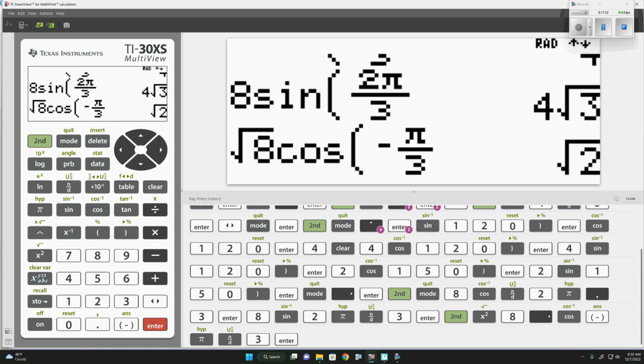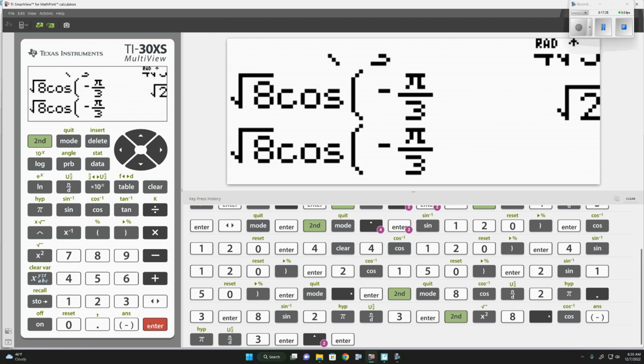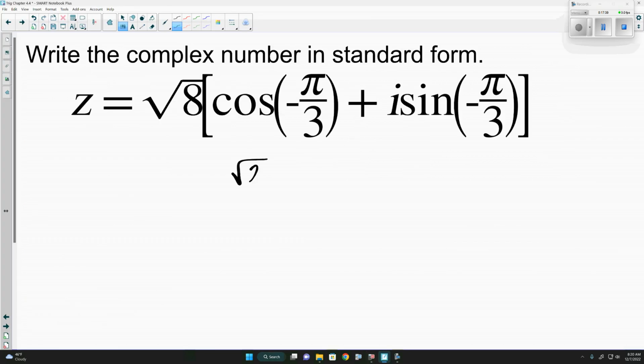Square root of 2. So square root of 2 minus I square root of 6. Questions on this here?